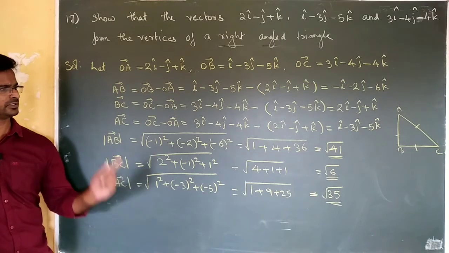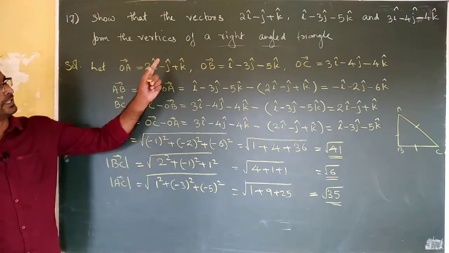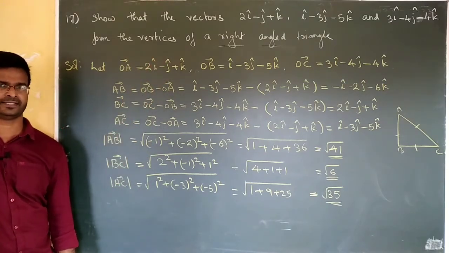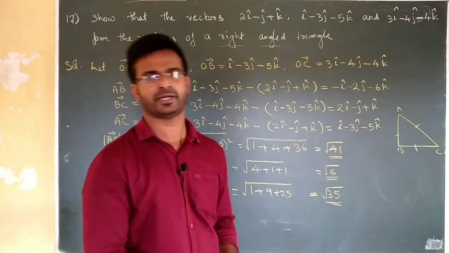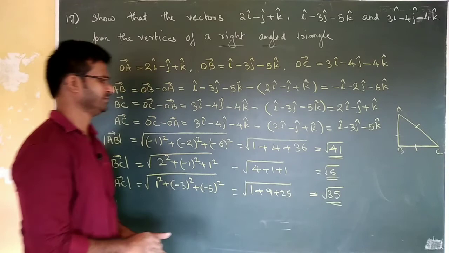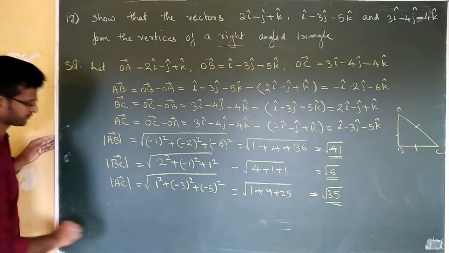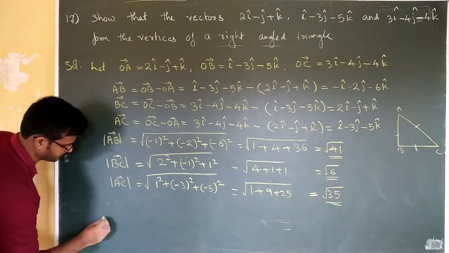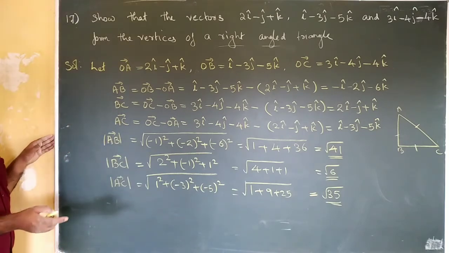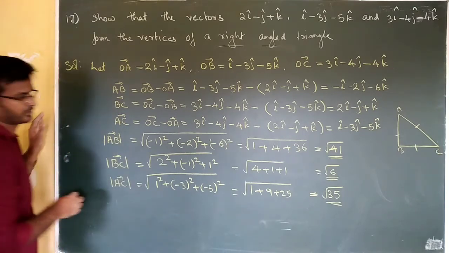Now what we will do? We have to prove the given vectors are vertices of a right angle triangle. A right angle triangle means we will apply Pythagoras theorem, isn't it? What is Pythagoras theorem? Sum of squares of the shorter sides. What are the small sides here?